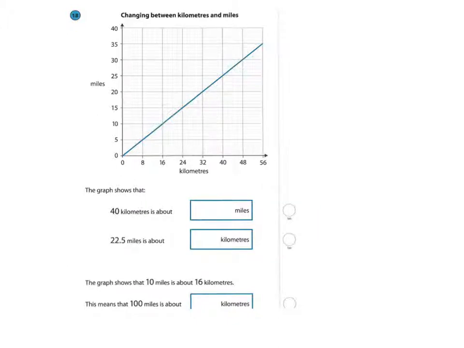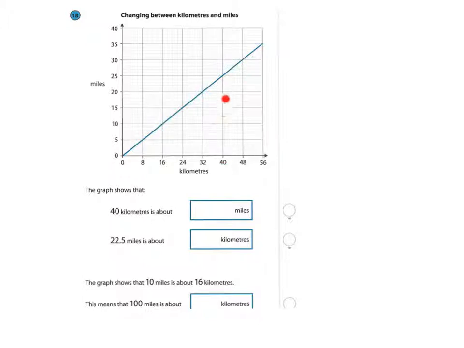Question 18. Changing between kilometres and miles. Okay, so we've got a conversion graph here converting miles and kilometres. The graph shows that 40 kilometres is about something miles. We have a look on our graph at the kilometres down here. We can find 40 kilometres.